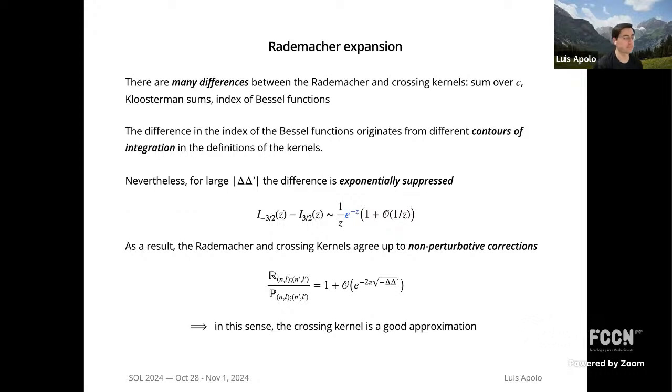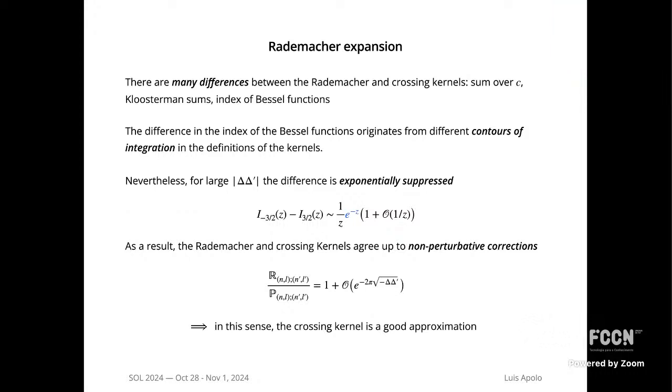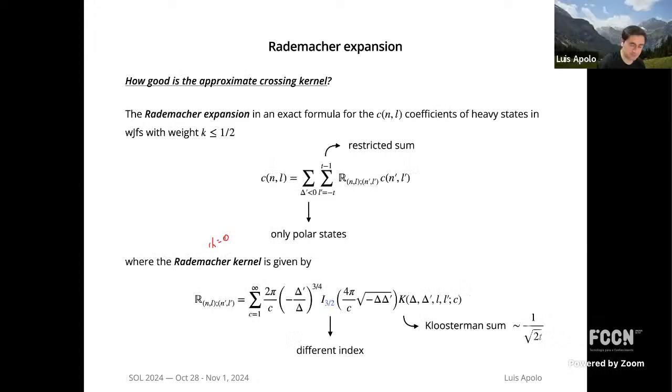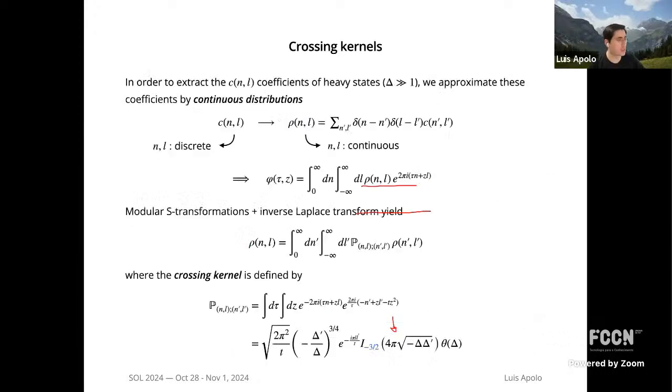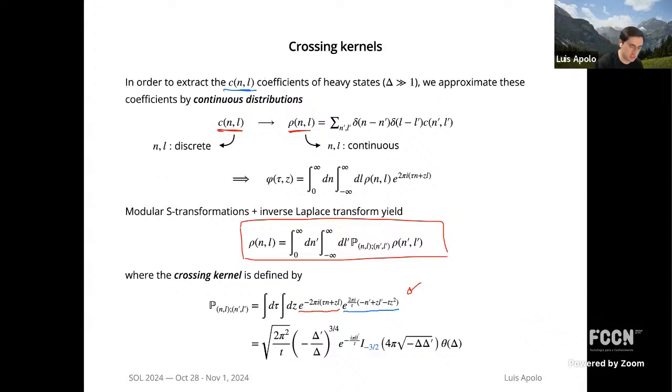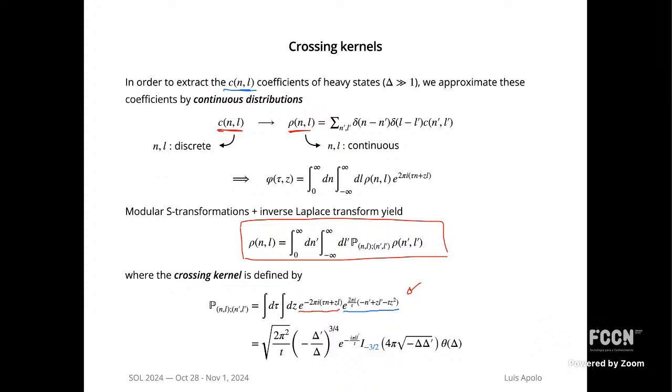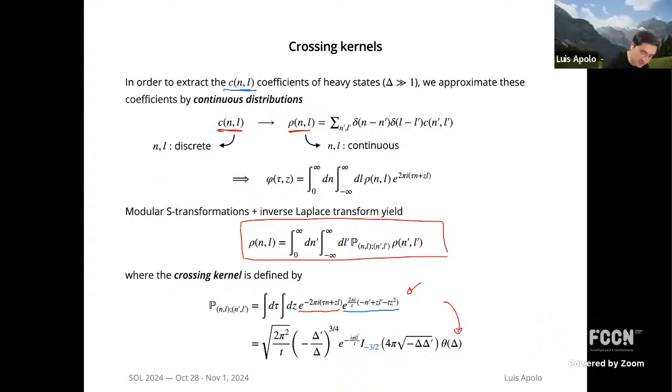Okay. But you just said, answering my question, that the crossing kernel provides an exact expression. Well, this expression here is just, we've just performed this integral.